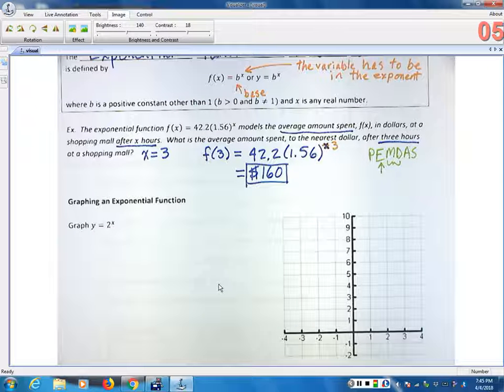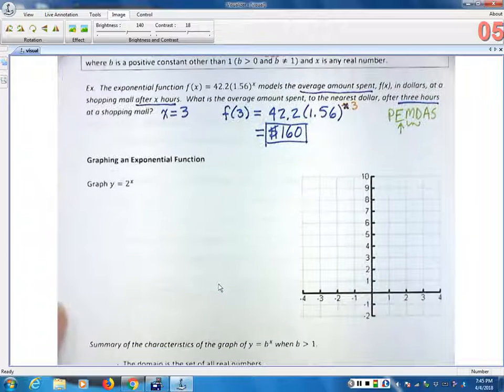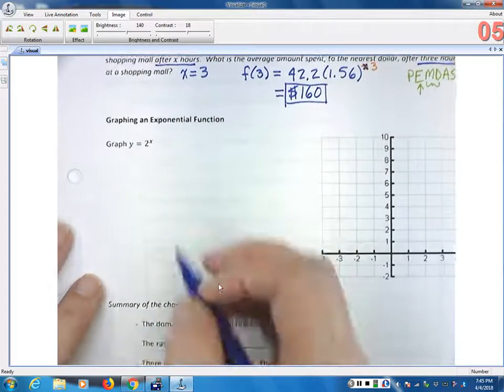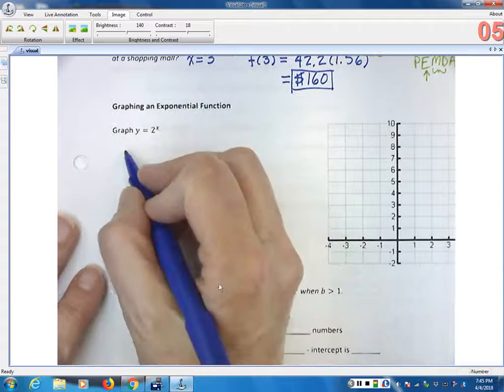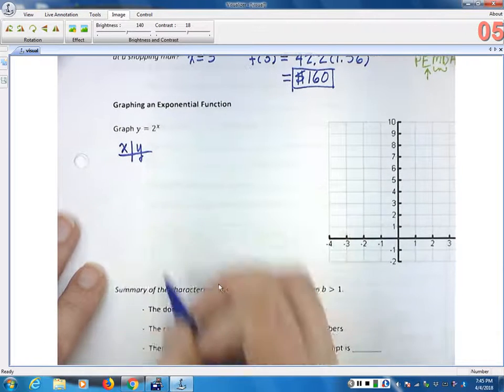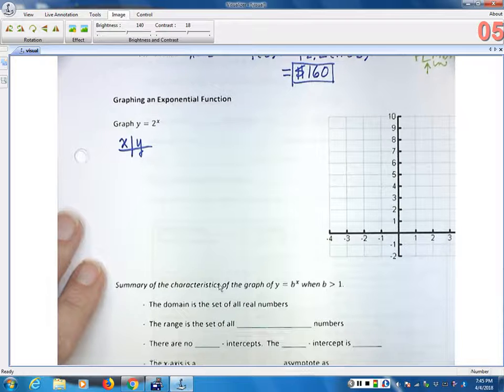Okay, graphing. We're going to graph an exponential. So while we're graphing, we're going to review some rules of exponents. You need to know your rules of exponents, so we'll review them. So we're going to just make a table of values and pick convenient values of x.